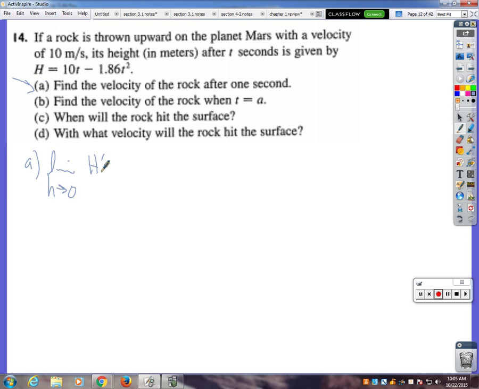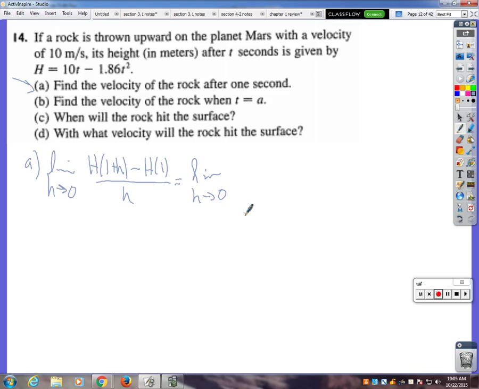So I'm going to do h of 1 plus h minus h of 1 over h. So I'm going to plug 1 plus h into the h function.